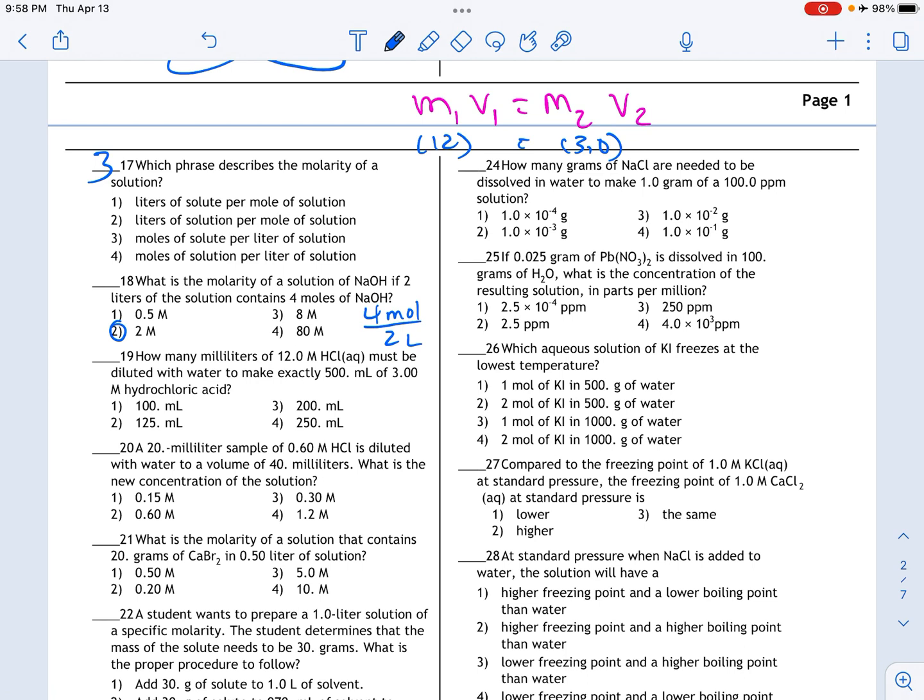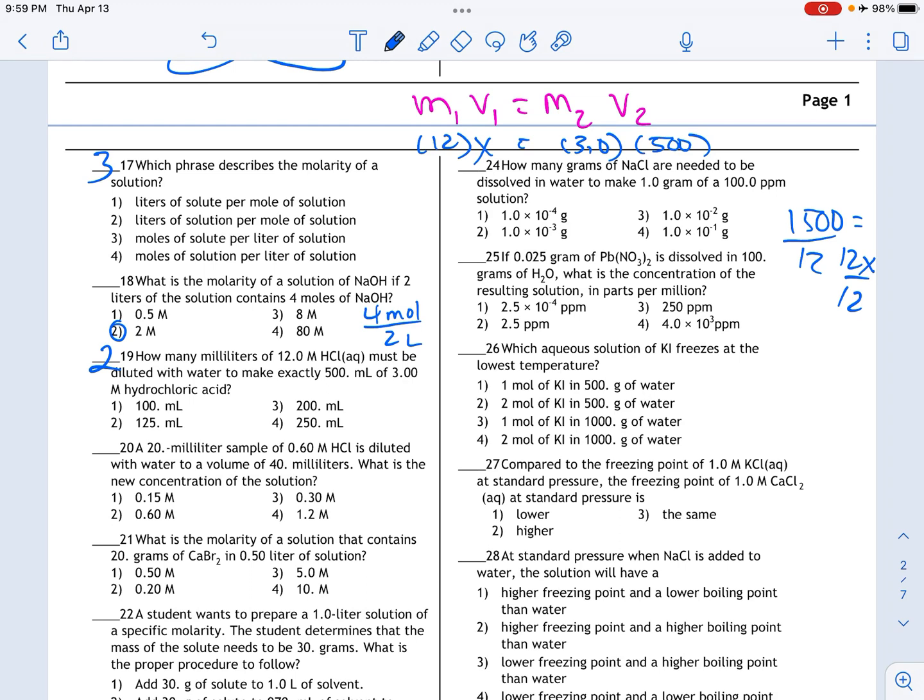We want to know how much of this, and we have 500 over here. So going to my calculator, 3 times 500 is 1500 equals 12x. Let's divide both sides by 12, and you get 125, which is choice 2.